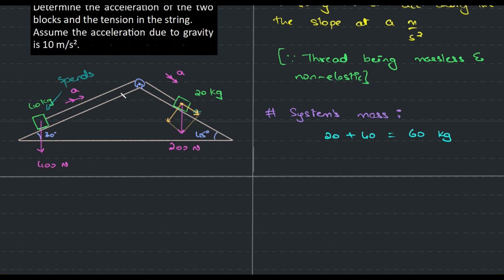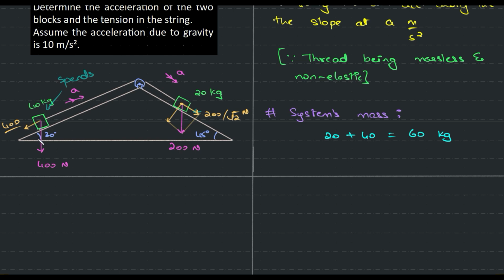Let me erase all of this. This part will be 200 by root 2 Newton. It will be the one pulling the thing down. While over here, there is a negative effect. So this 400 Newton will be pulling the other way around. 400 by, okay, now here we have to figure out the angle.